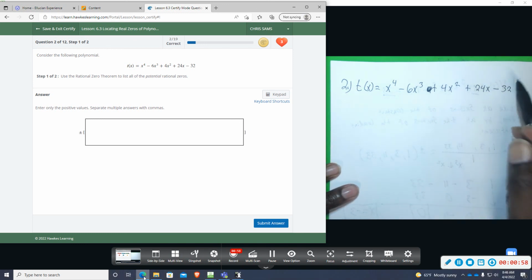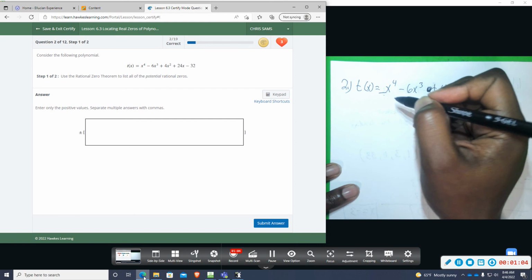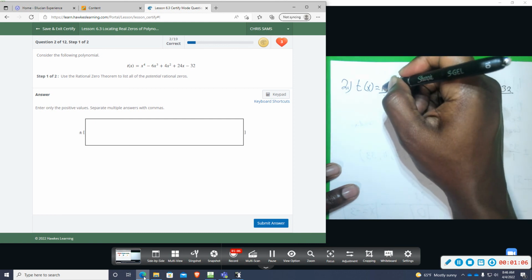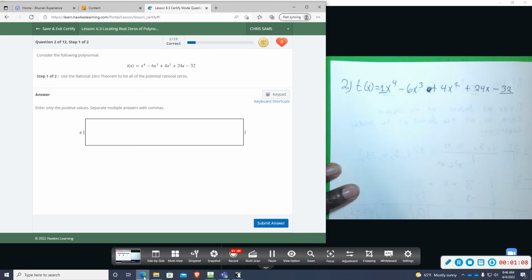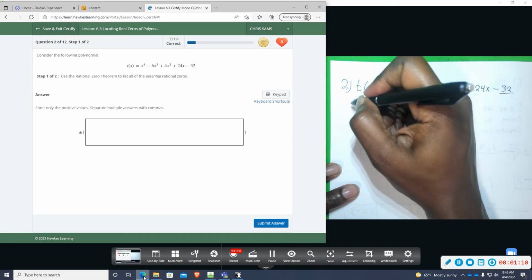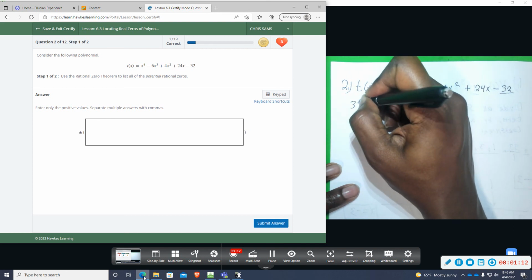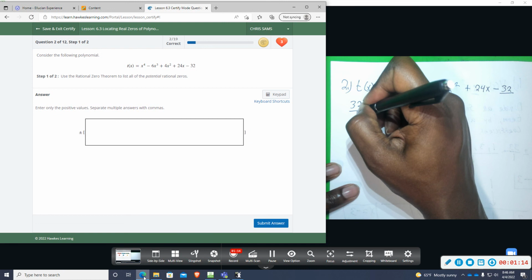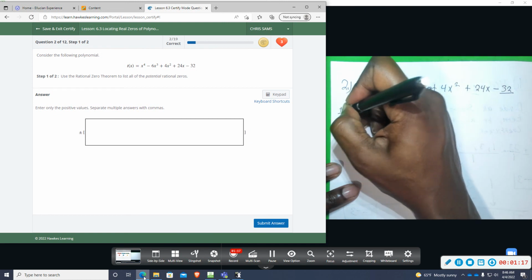All right, so again, the process is you're going to take the constant term and divide by the coefficient. And we're going to find all the factors. So we have 32 over 1, and everything is going to be positive or negative.